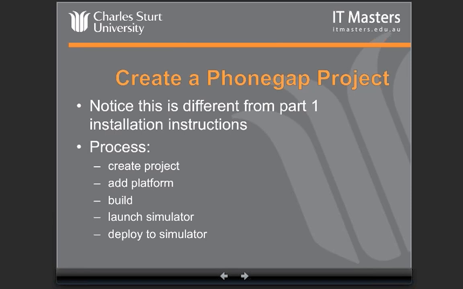This should address that. The process we're going to go through to make this work is, first of all, to create a PhoneGap project, and that will generate a whole bunch of files and a nice file structure for us. Then we'll add a platform to it. That means we're saying this particular project we've built, we now want it to support Android, for instance. So we specifically issue a command that adds Android-specific code into that project so it will work with that.